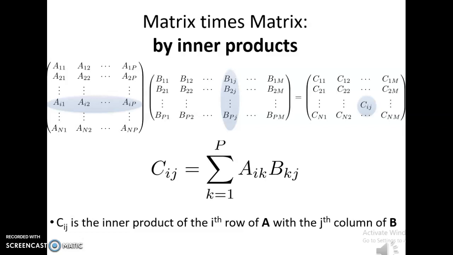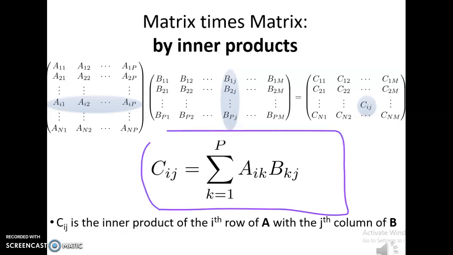So we got this: Cij is the inner product of the ith row of A with the jth column of P.